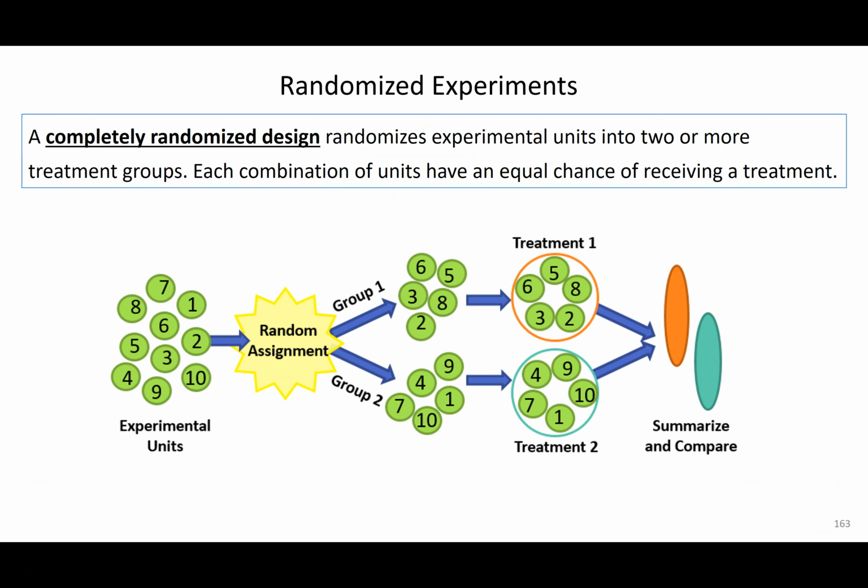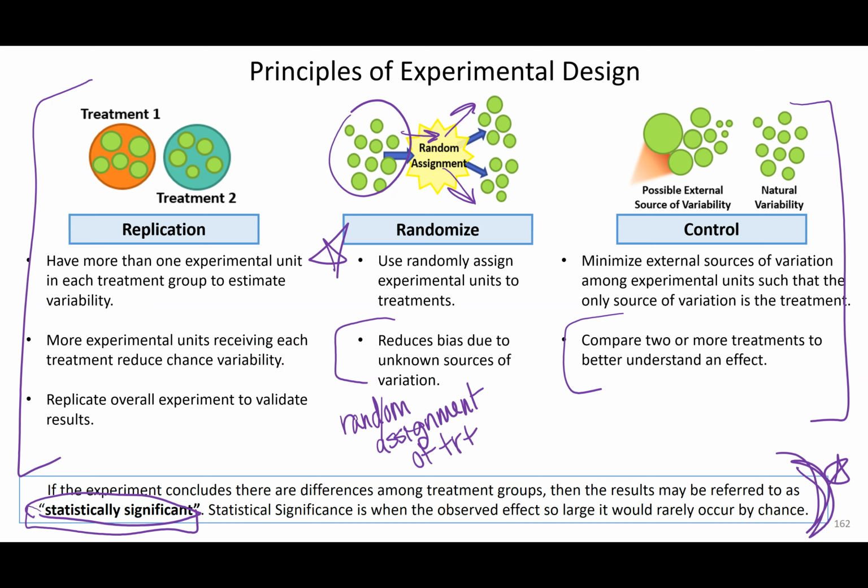I'll poke at it some more, but just know that it means that the effect we saw is super unlikely to happen just by chance. It's almost definitely because something's going on with the treatments.